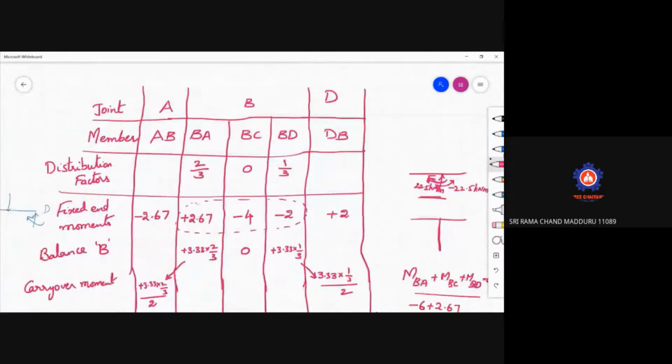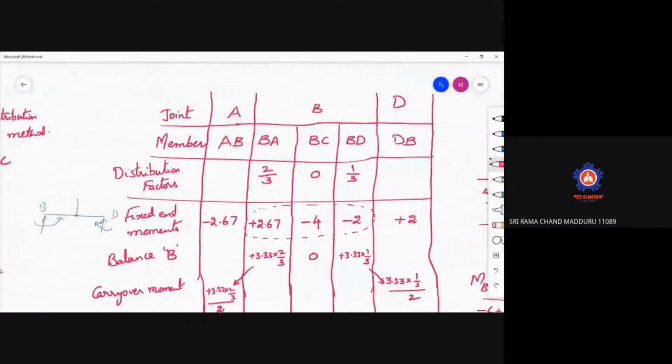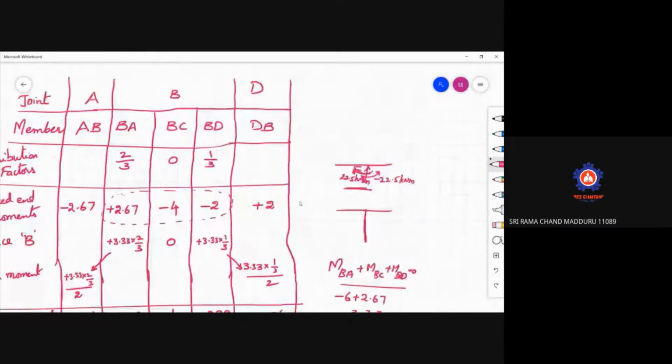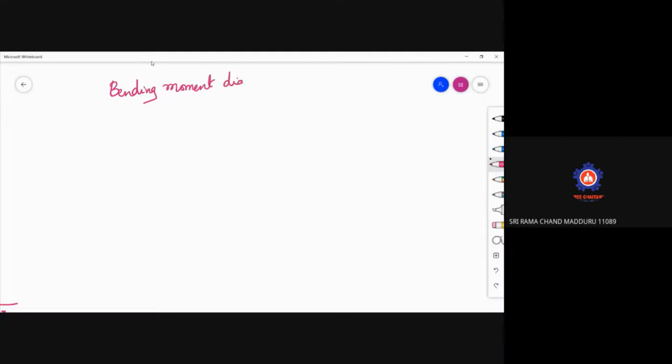Just see how I will draw the bending moment diagram for this frame. So first of all, we'll draw our frame. Then for this frame, we'll draw the bending moment diagram. So in this, first of all, this is the frame.